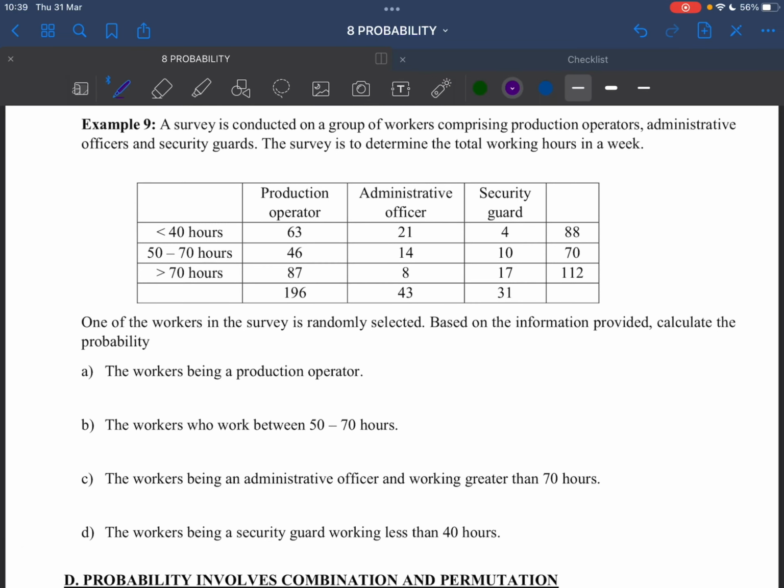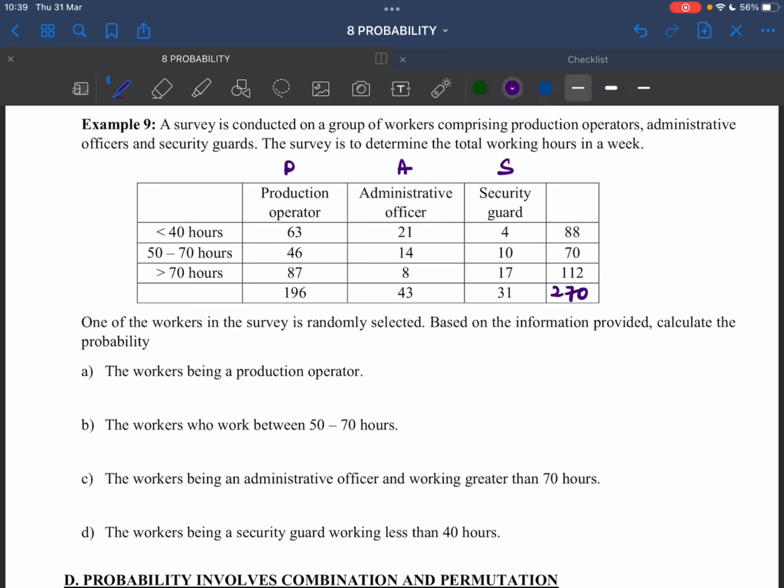Okay, so let's try the last example. Let's put this as P, this as A, this as S, security guard. So the total now, 88 plus 70 plus 112, we have 270.